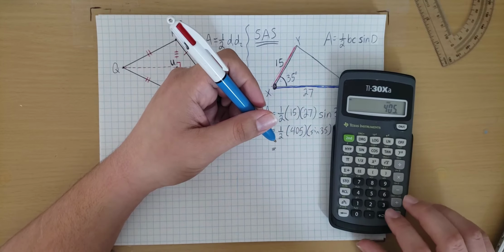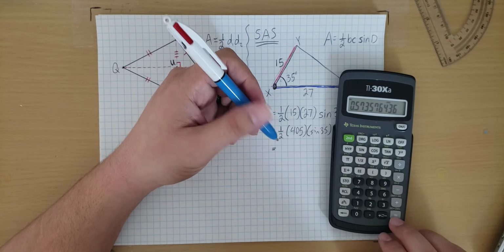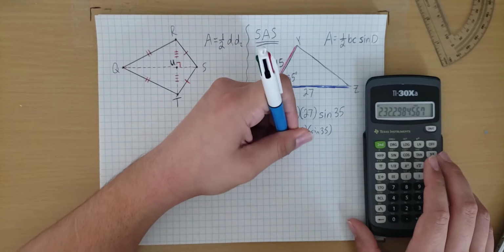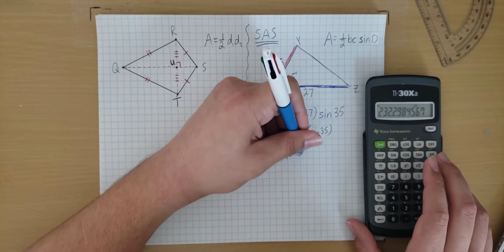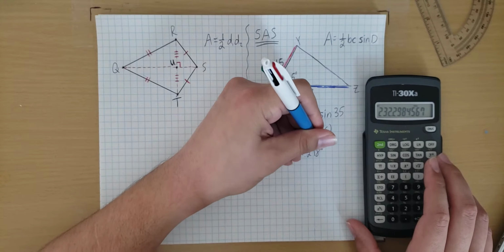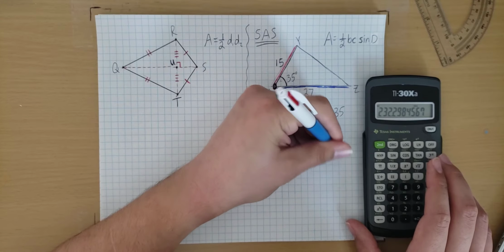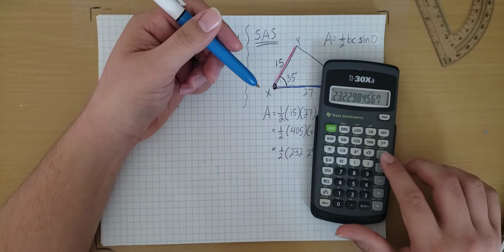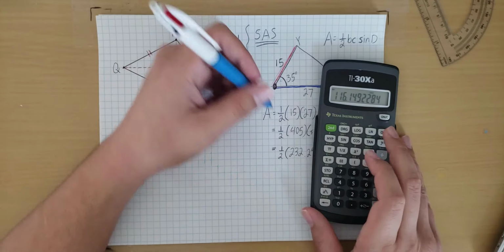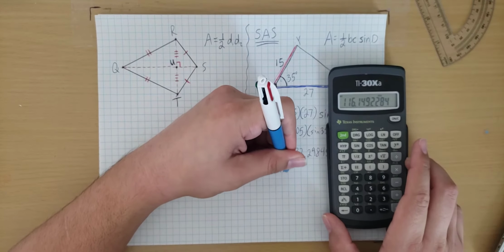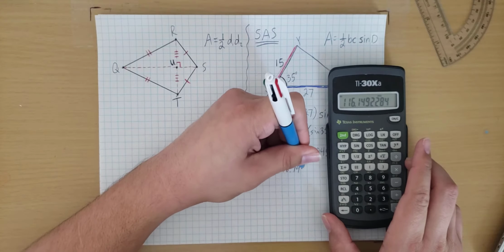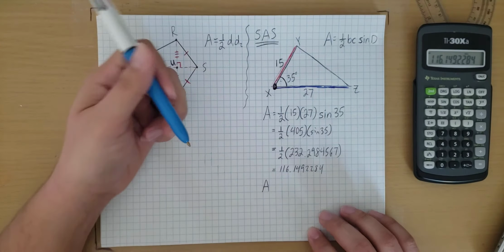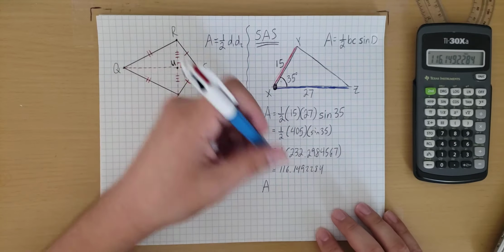So 405 times sine 35 gives 232.2984567. Then 1/2 is the same thing as dividing by 2, so divide by 2. 116.1492284. So if we round, in this case, let's round to the nearest tenth.